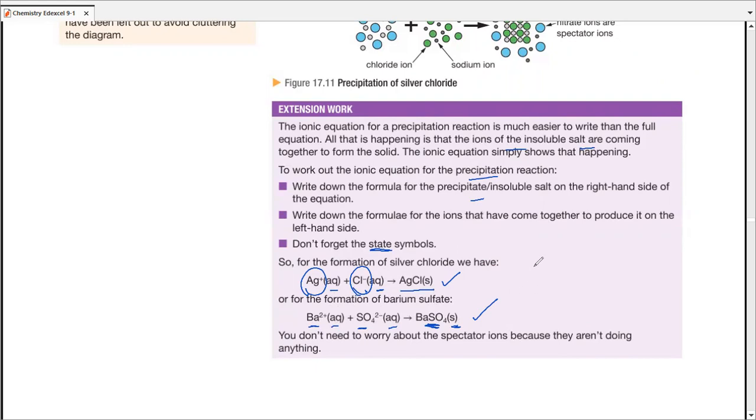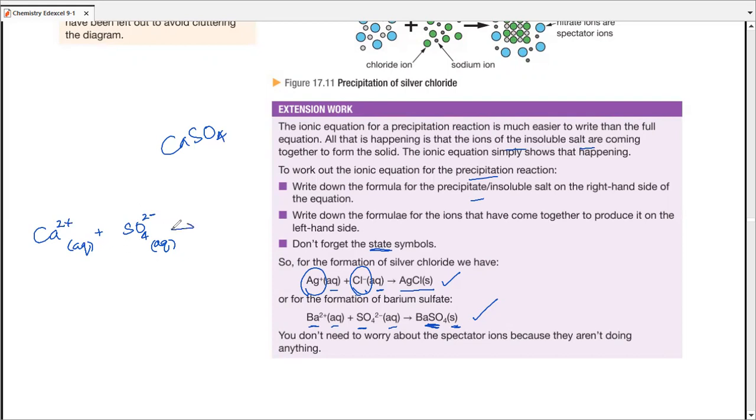For example, let's think of something else. Calcium sulfate is insoluble. So how would you write the equation? Write calcium aqueous, sulfate aqueous. Now, since we know both of these are ions and sulfate has a negative 2 charge, that must mean calcium, belonging to group 2, has a positive 2 charge.